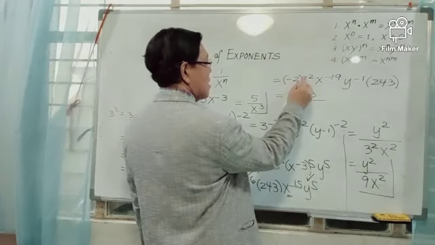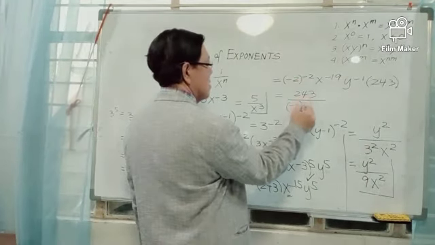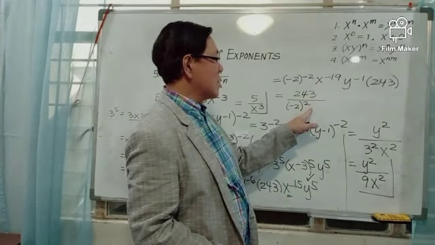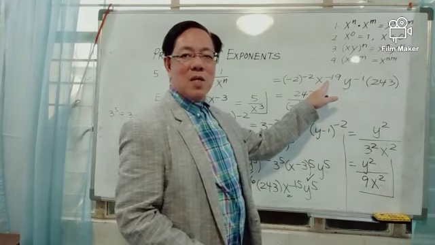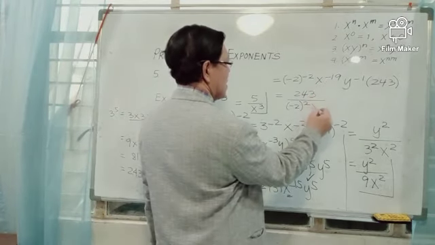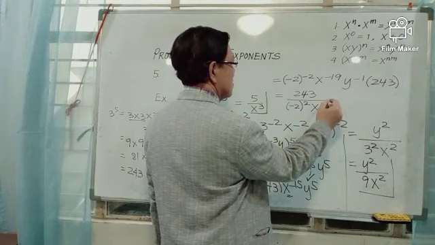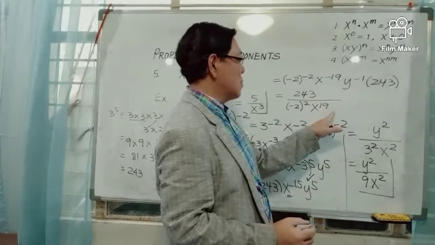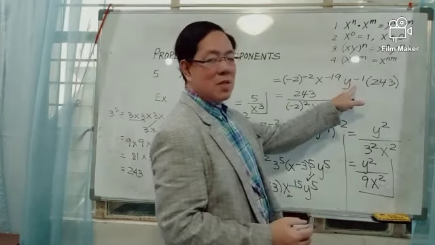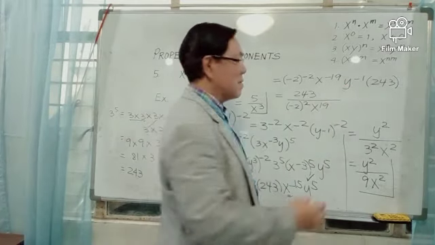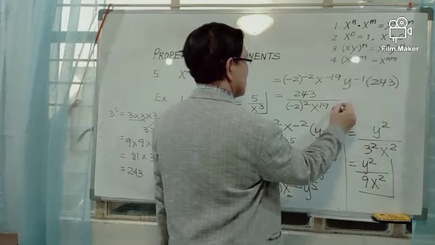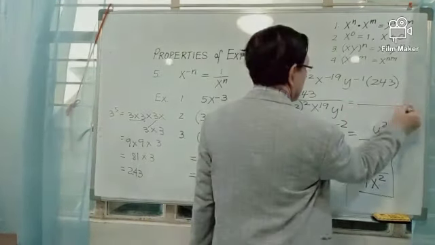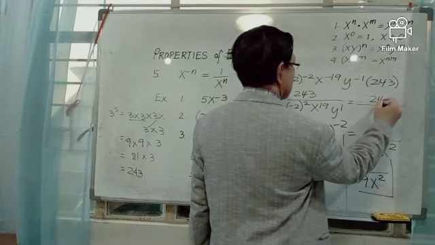Take the opposite sign of its exponent, 2. We bring this in the denominator, take the opposite sign of the exponent of x. We get x raised to 19. Take y raised to negative 1 to the denominator, take the opposite sign of the exponent of y. Y raised to 1. 243.